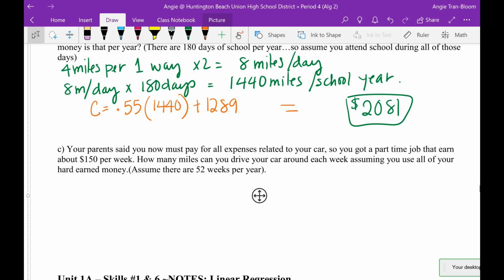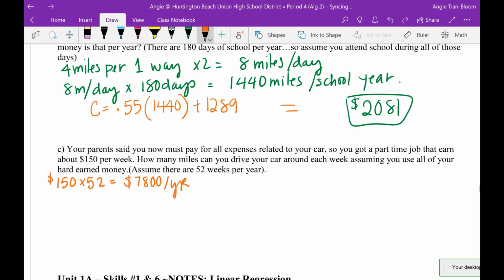You can find the total cost annually, and then divide it all by what? 52 weeks, because we're going to assume there are 52 weeks per year, and it's only asking how many miles per week. Okay, so let's do that. We take what you make, which is $150. We're going to say you consistently work for 52 weeks. So how much is that per year? 7,800 per year.